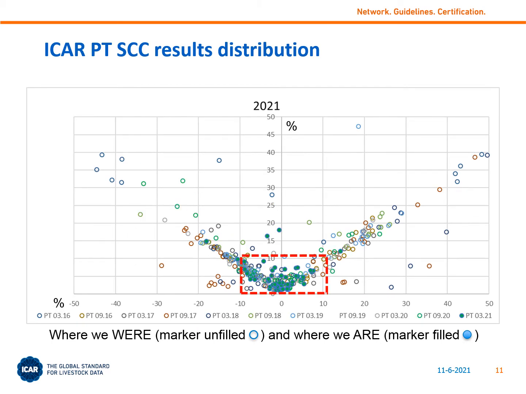In this slide, the filled dots represent the somatic cell counting distribution in the last proficiency testing scheme conducted in March 2021. Looking at the past rounds, the unfilled dots, we can really see a significant movement of the laboratory performance close to the center of the distribution, and the majority of laboratories are inside the box of plus minus 10%.